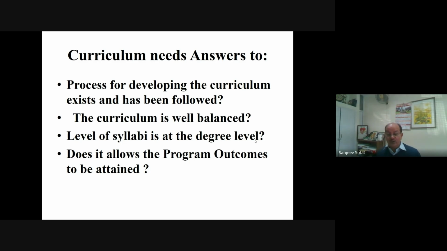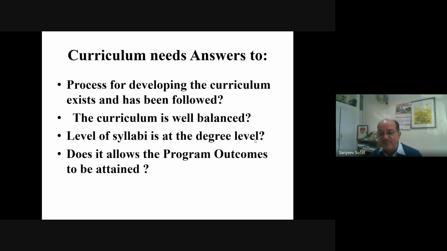It's good that we are teaching so much, but is it making him a good personality? Is it allowing him time for co-curricular or other activities? So these are some of the thoughts on whether the curriculum I'm thinking of is well balanced or not.